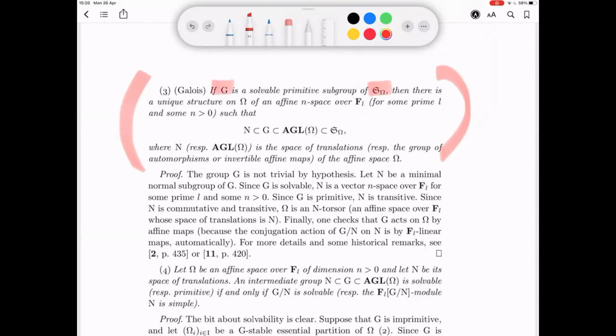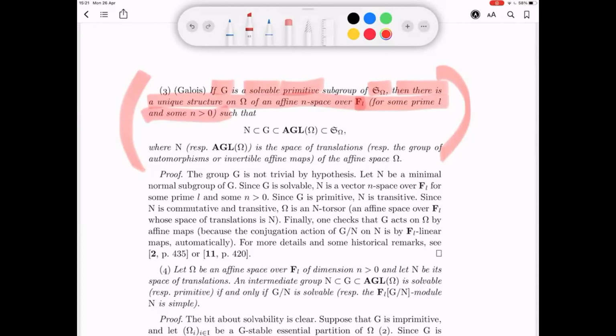And then G is a subgroup of S omega, which is first of all solvable. That's the first hypothesis. And it is also primitive in the sense which I've just explained. So the theorem says that if G is both solvable and primitive, then there's a unique structure on omega of affine n space over F_l for some prime l and some n.